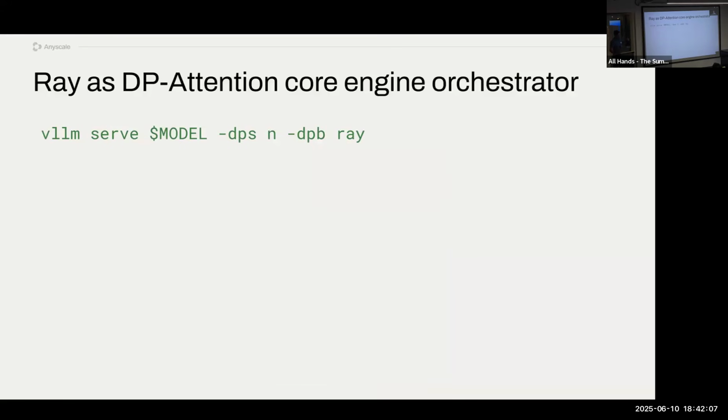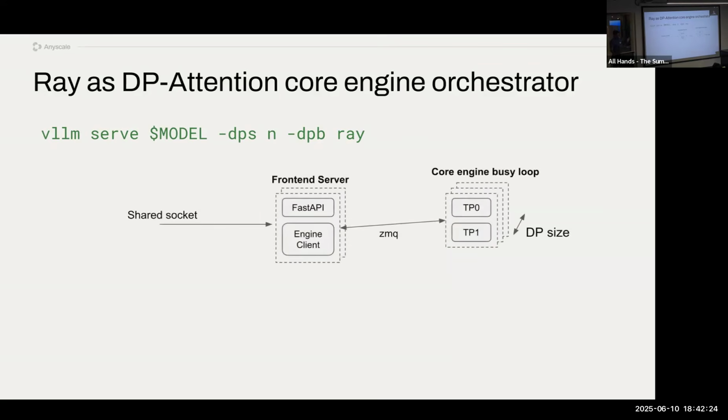So now, very recently, as in two weeks ago, we shipped this on vLLM, where you can serve a model by setting the data parallel size and setting a backend for it, which is Ray. Before I say what happens, this is how DP parallelism works in vLLM. vLLM is comprised of two basic parts.